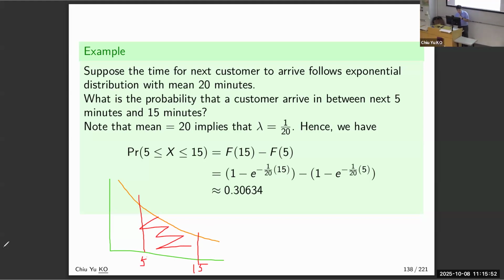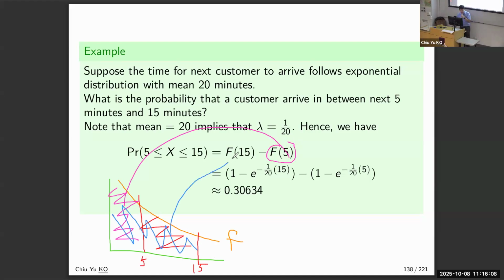Remember this curve is f, so the big F function tells us what's going on on the left-hand side. This is F5, the area given by F5, and this blue will give us F15. So the red is just blue minus pink. We'll be using this very soon when we talk about the bell curve, but that's the idea: the difference between the two big Fs gives you the area in between.